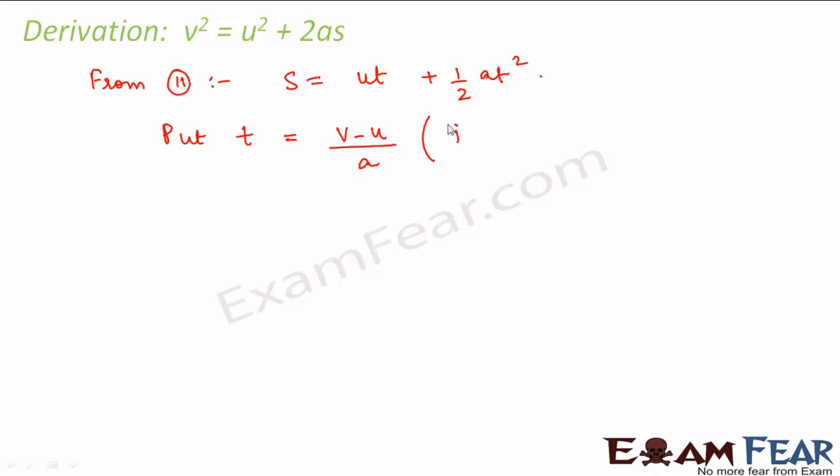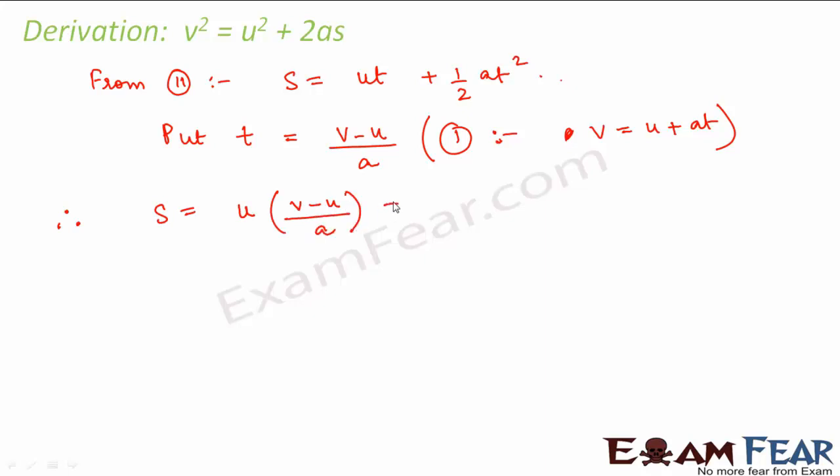From where did we get this? We got it from the first equation, that is v is equal to u plus at. So from this equation we can say that t is equal to v minus u by a. So we put this value of t in this equation. So therefore S becomes equal to u into v minus u by a plus half into a into t squared, that is v minus u divided by a whole square.